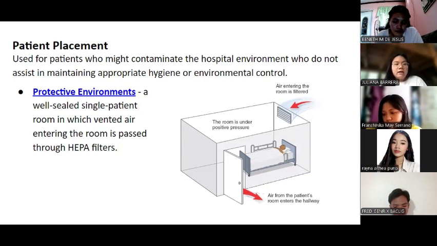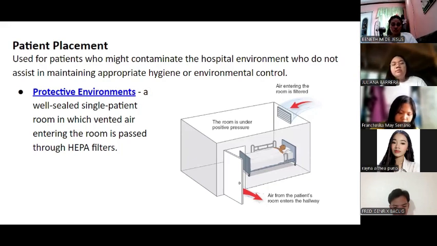So unlike the AIIR, ito naman, bawal pumasok yung air from the corridor inside the room. Rather, these are under positive pressure and vented air that enters these rooms passes through HEPA filters.